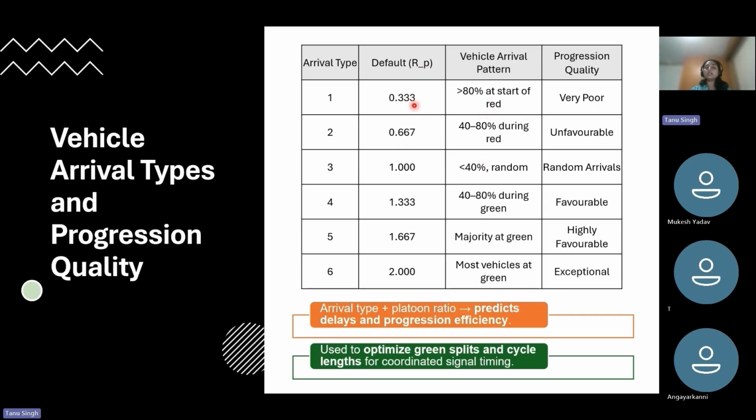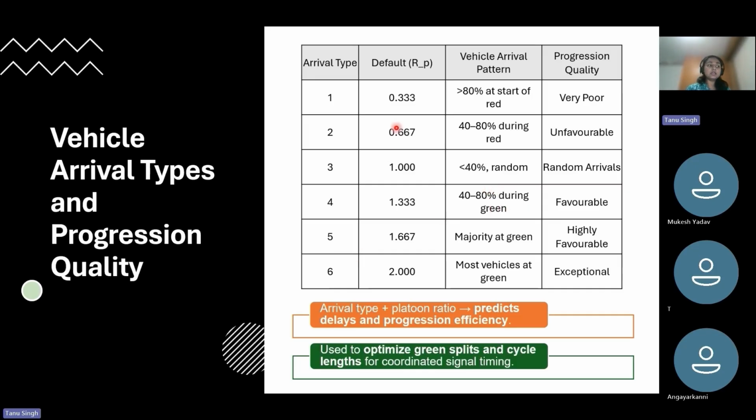When Rp equals 1, the percentage of vehicles that arrive during green is less than 40 and it is random, so we call it a random arrival. If the platoon ratio is 1.33, 40 to 80% of vehicles arrive during green, which is favorable because the delay will be less.